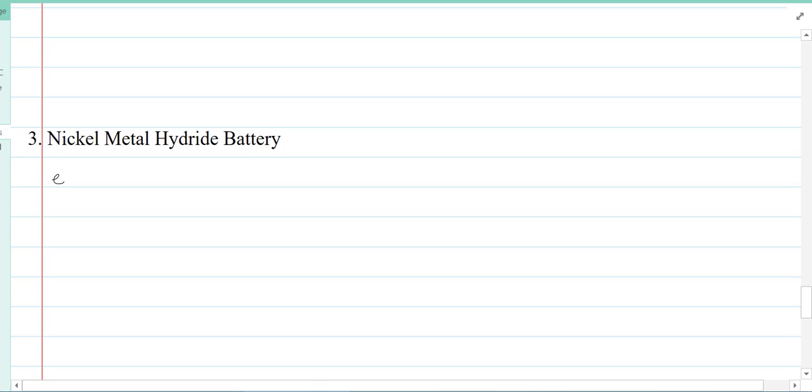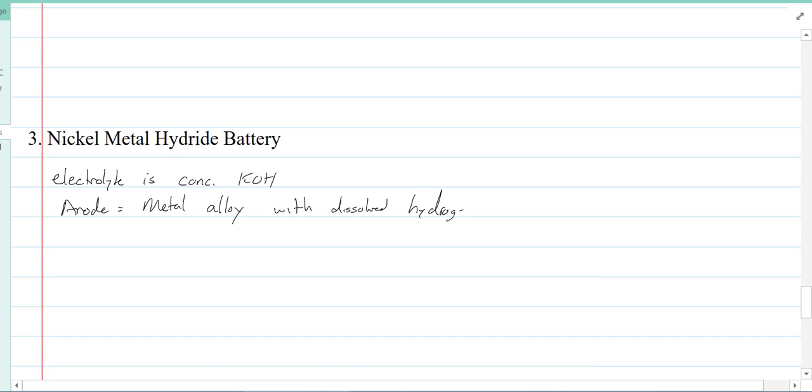Still, the electrolyte is concentrated KOH. The anode is a metal alloy with dissolved hydrogen. And there's the oxidation of H0 to H+.